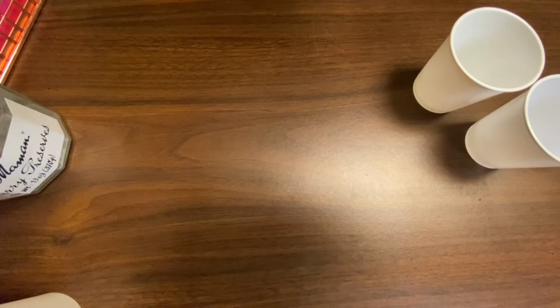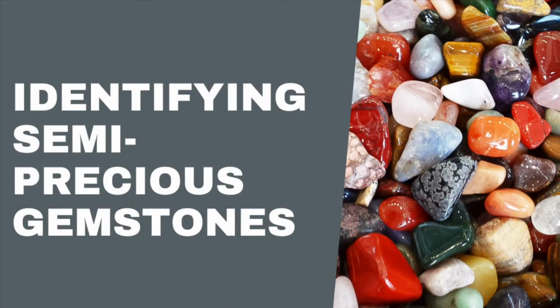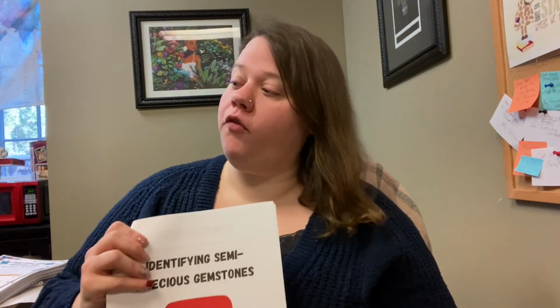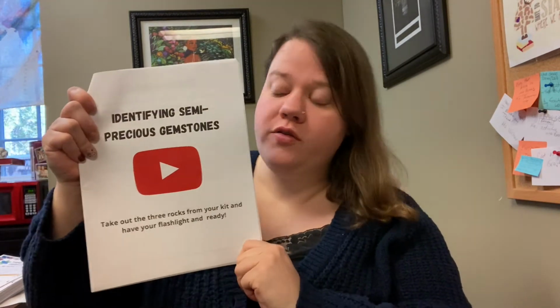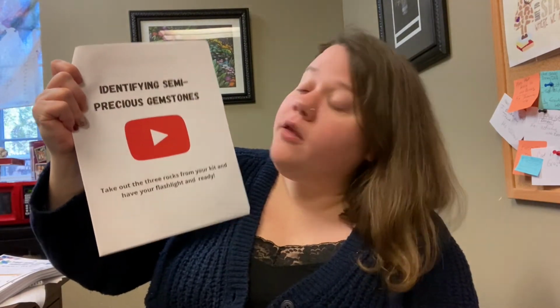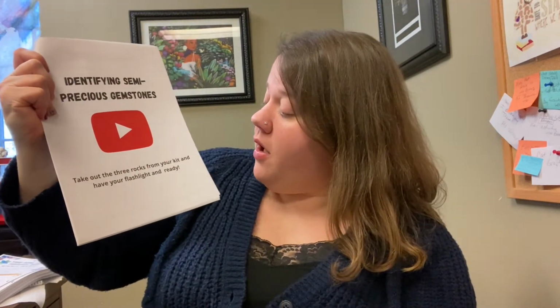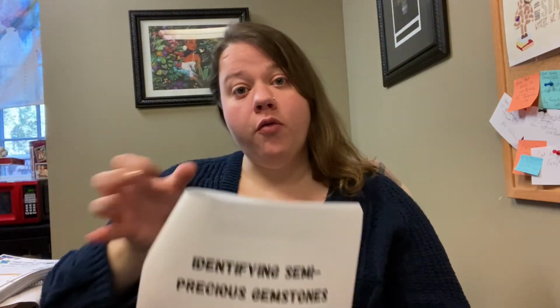Moving on now to gem identification. Okay, so now that we have our sedimentary rocks forming, I want you to move on to the page that says Identifying Semi-Precious Gems. So take out the 3 small rocks from your kit and have your flashlight ready.